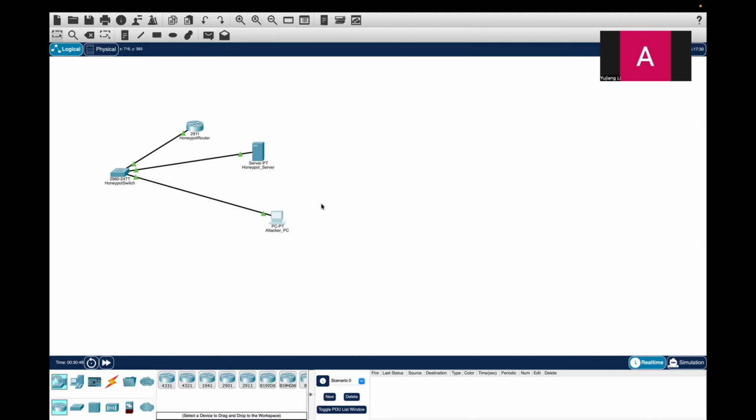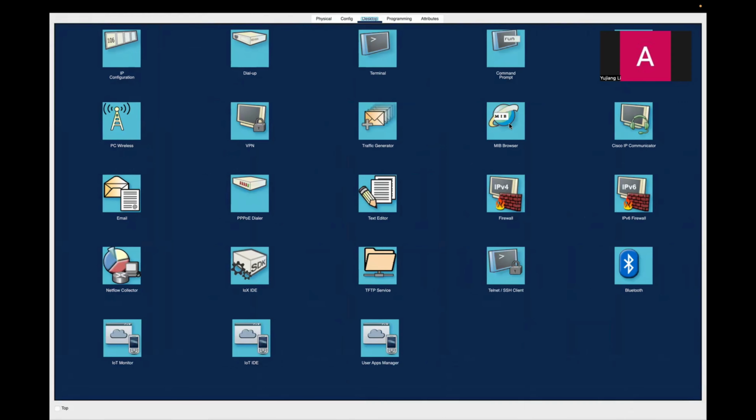And for the attack simulation, it will demonstrate how an attacker will discover and interact with the honeypot services. The first way is host discovery. The attacker first discovers live hosts using ICMP ping. Let's see how we can do that.